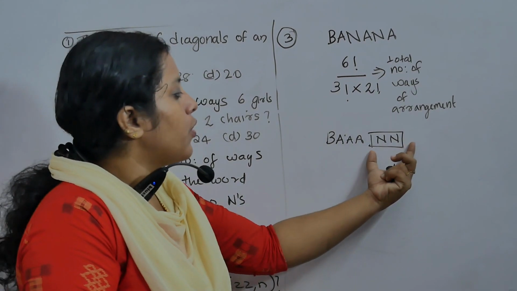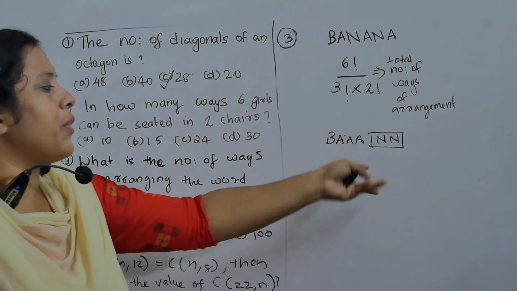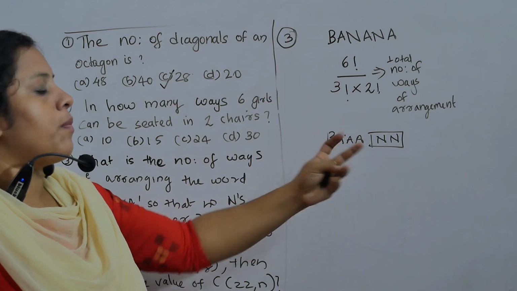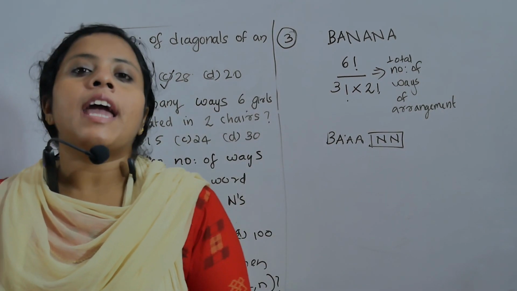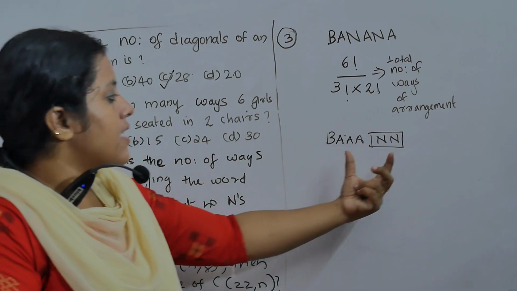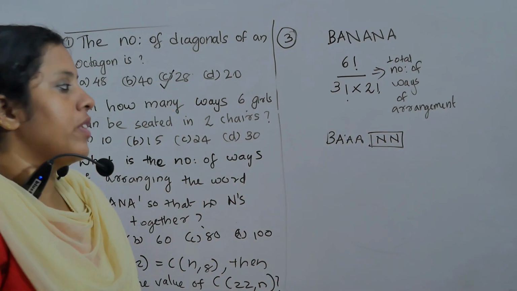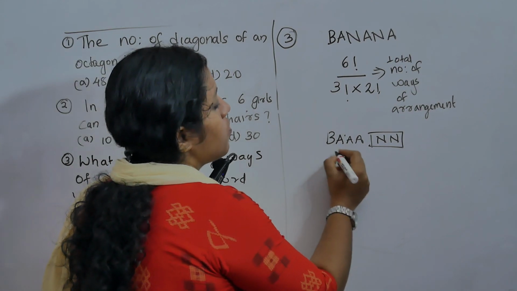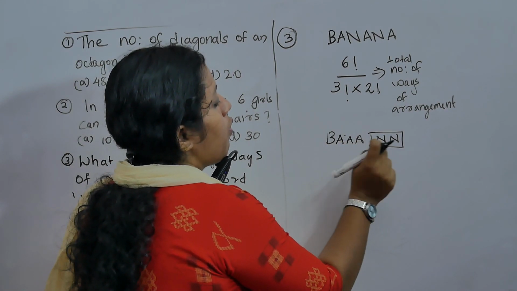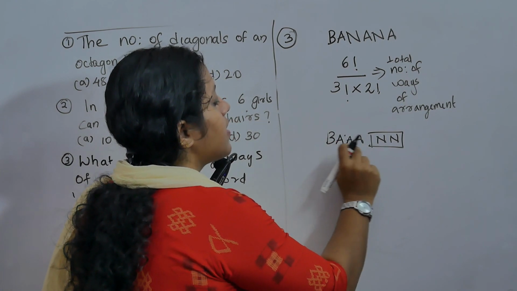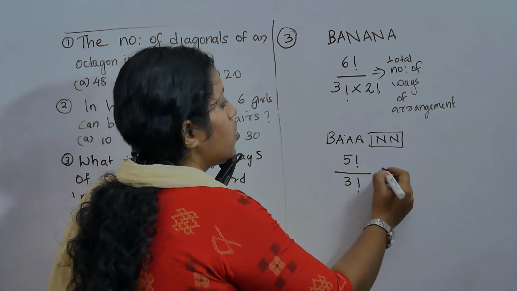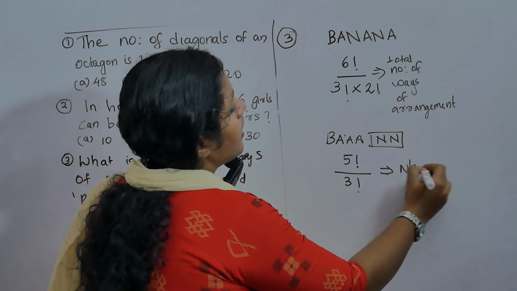So I am taking N's together, and the remaining order you need not mind. How many places are there? 4 places, plus this N-N block. So we are considering 2 N's as one thing. In how many ways can we write this? 1, 2, 3, 4, 5. 5 factorial divided by 3 factorial as A is repeating. So this is when N's appear together.